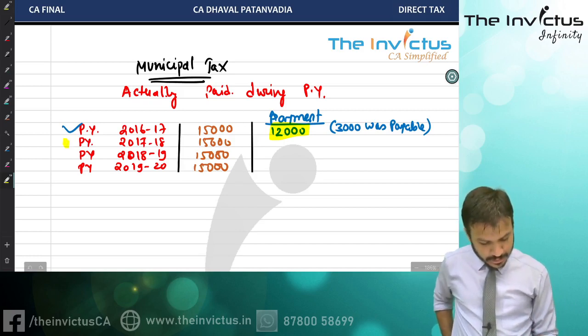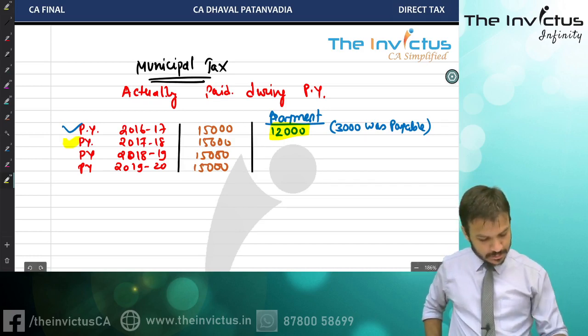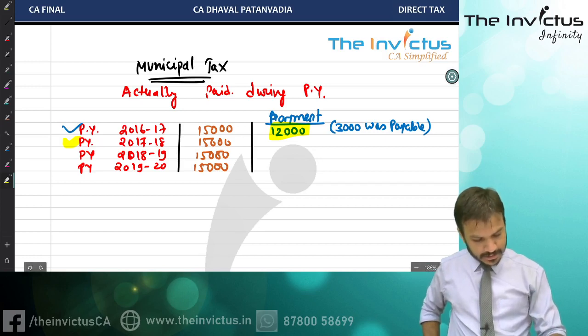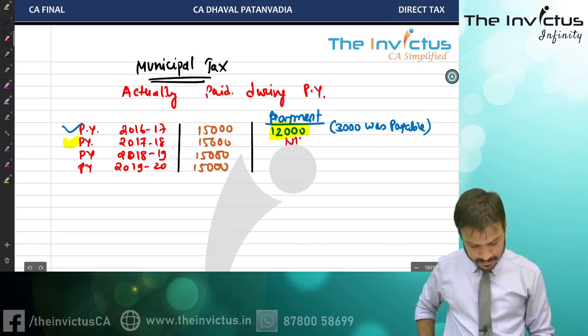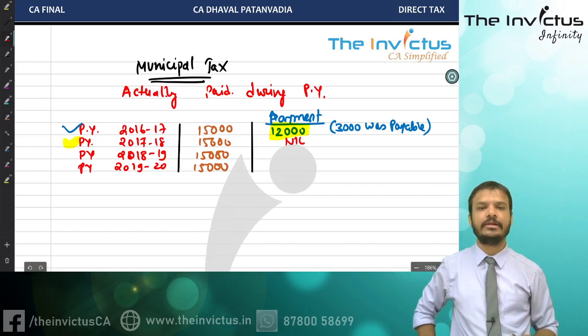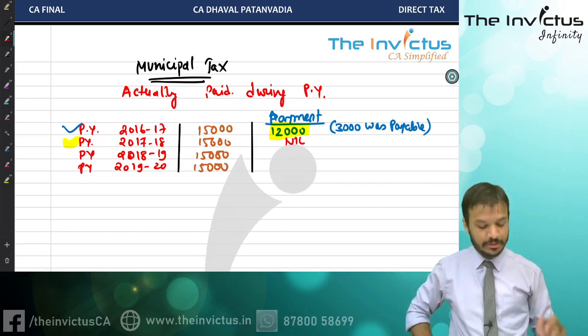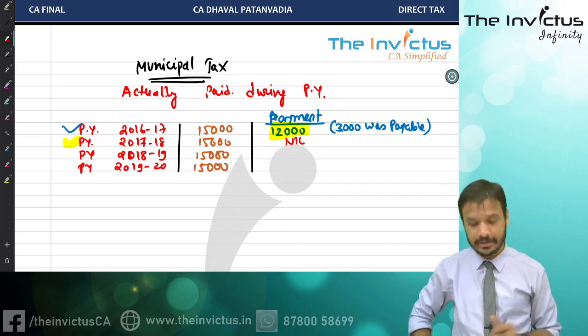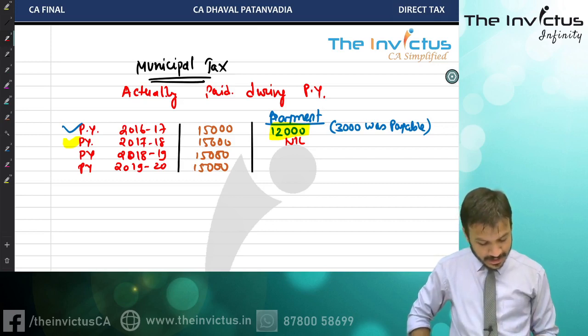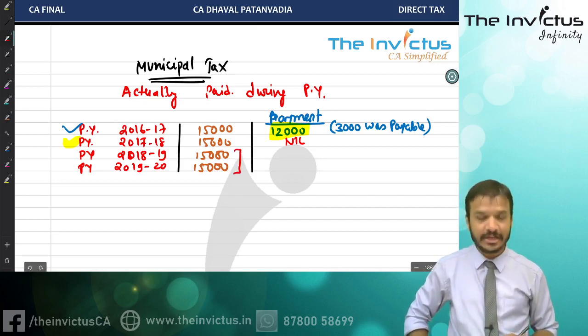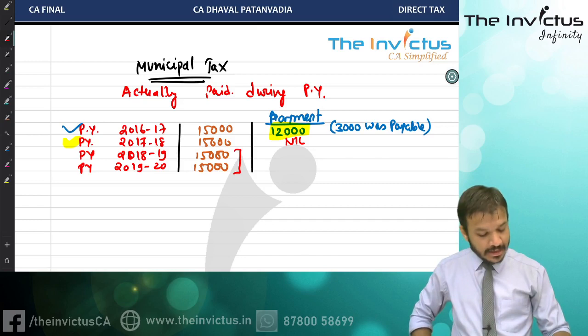In 2017-18, he has paid nothing, nil. So what amount of deduction will be allowed during the previous year 17-18? Nil. In 2018-19, he has paid entire municipal tax which is remaining to be paid.